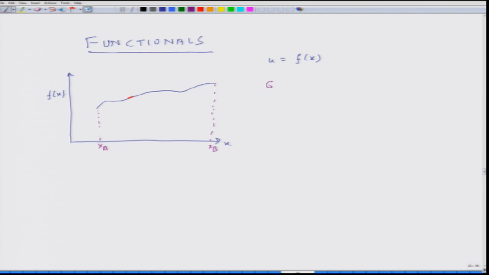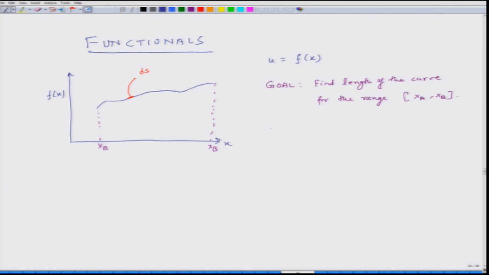So the goal is to find the length of the curve for the range x a to x b. So what do I do? Basically, let us say for a very small portion of this curve, this length is ds.